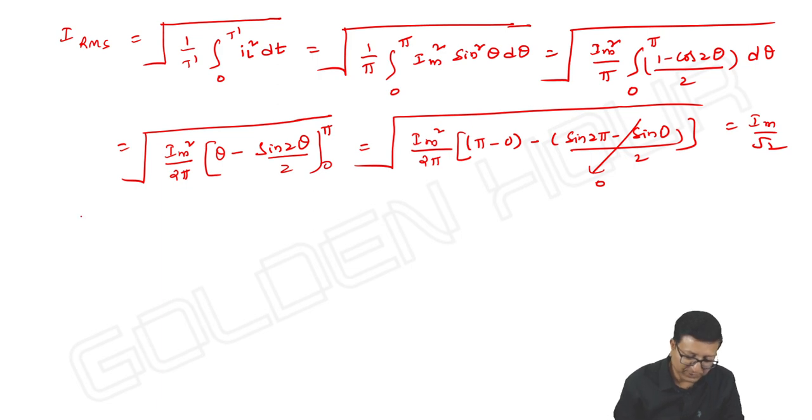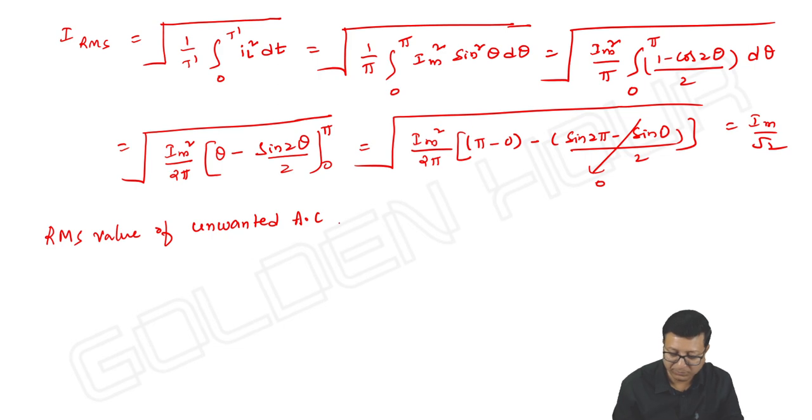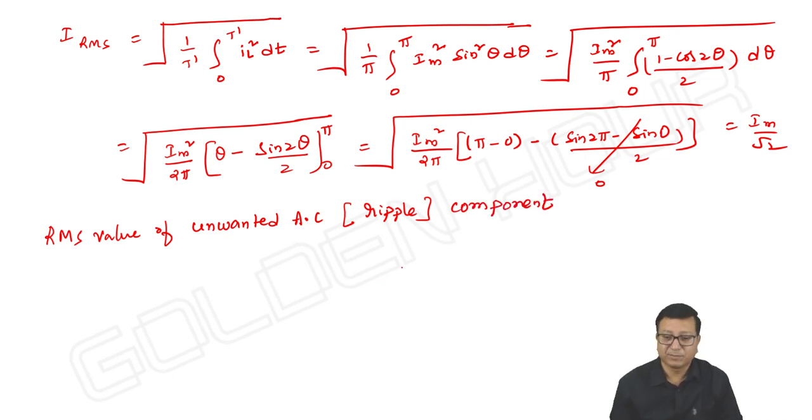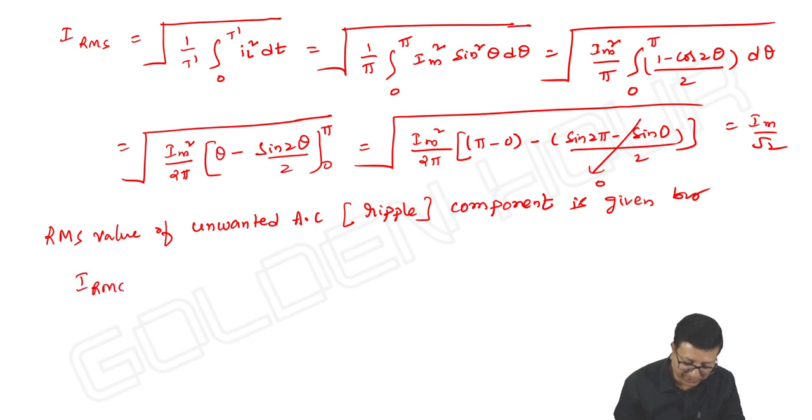So, further, the RMS value of the unwanted AC component, that is known as the ripple component, is given by IRMS dash is equal to, what is the formula?